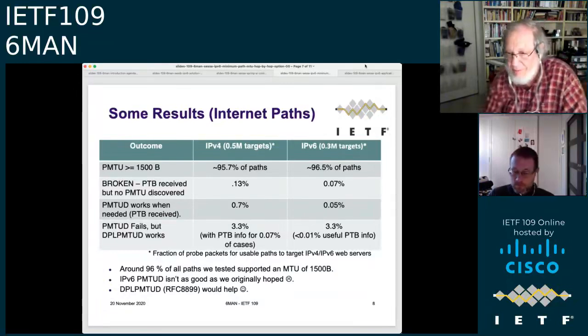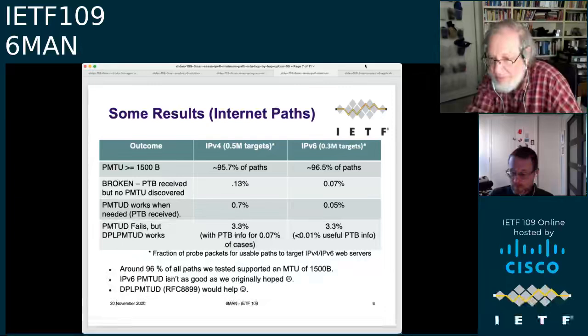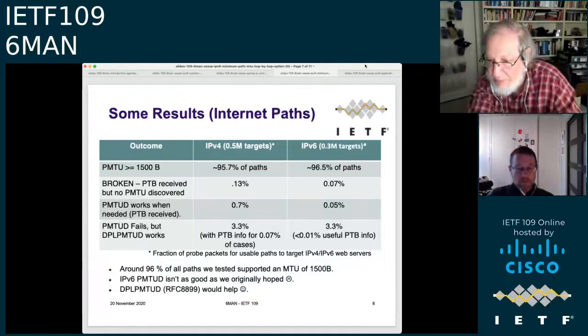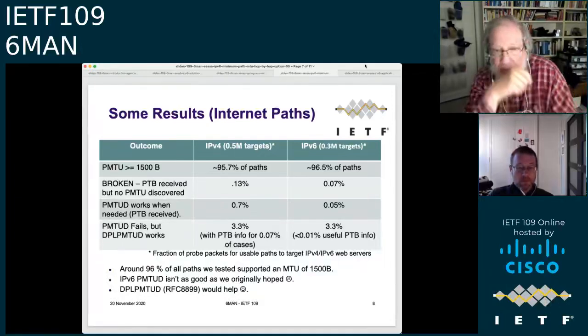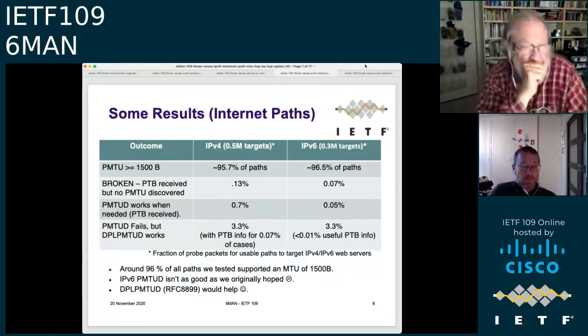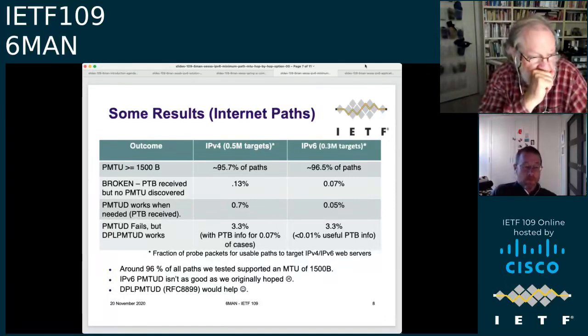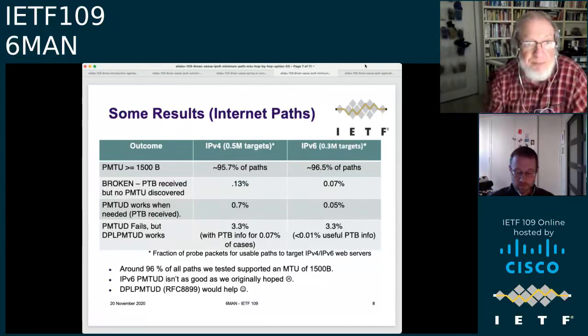So you can't discover this in one shot, you have to use multiple probes to get there. And the idea behind the hop by hop option is that you can send a discovery packet and avoid all that number of probes. Particularly if you want to get a big MTU, that saves you many, many RTTs.